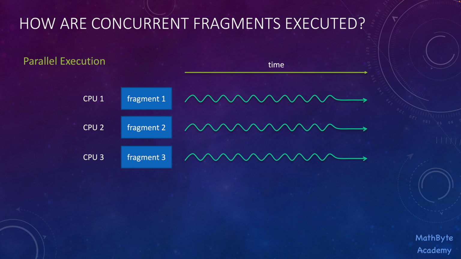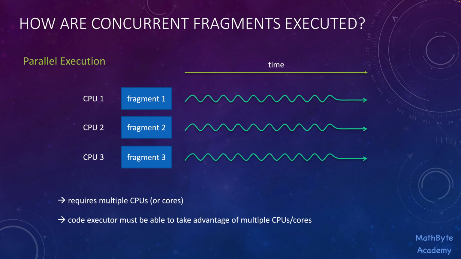And then at the same time, we could run fragment 3 on CPU number 3. So this is parallel execution of the concurrent fragments. And of course, it requires multiple CPUs or cores. And it also requires that the code executor be able to take advantage of these multiple CPUs and cores. But that's one way of executing concurrent fragments. We can do it in parallel.